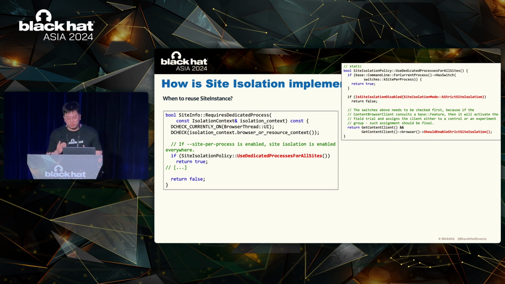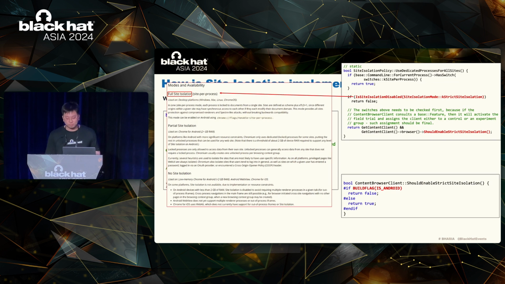The key to deciding whether to reuse the process is in the UseDedicatedProcessForAllSites method. For example, when the strict site isolation mode is not met, the new page will be loaded in the original process with navigation. So what is strict mode? We can know it from the doc.